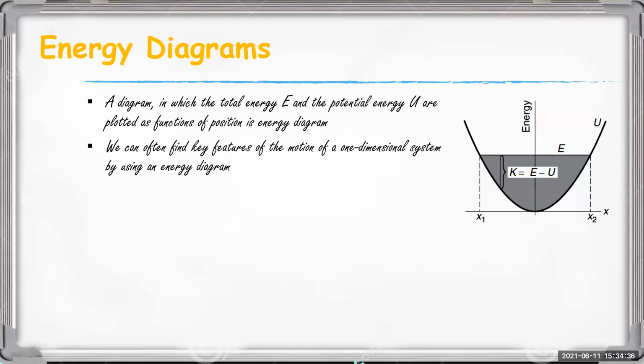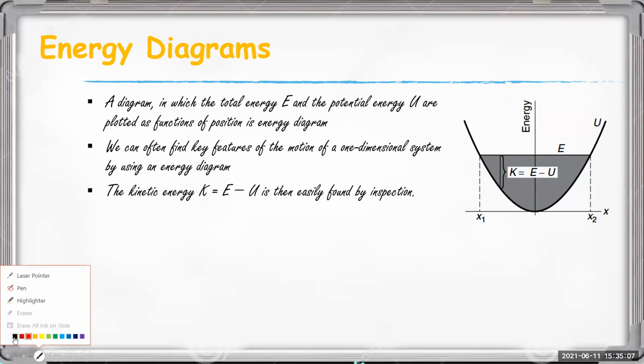We can find some features of the motion from this energy diagram. Here we represented two quantities: first, the total energy, and second, the potential energy.